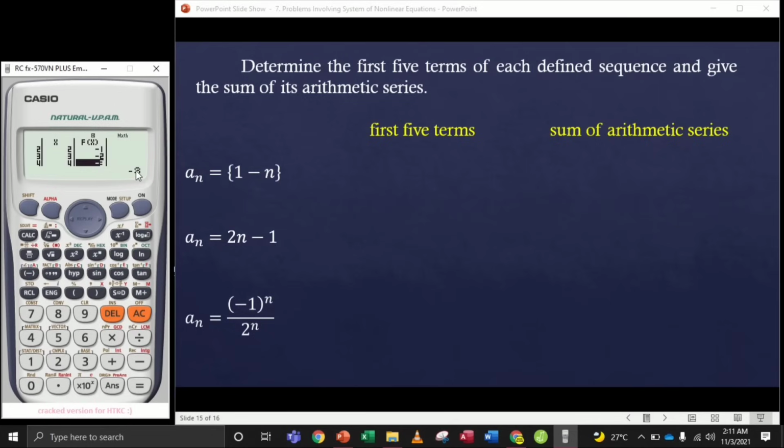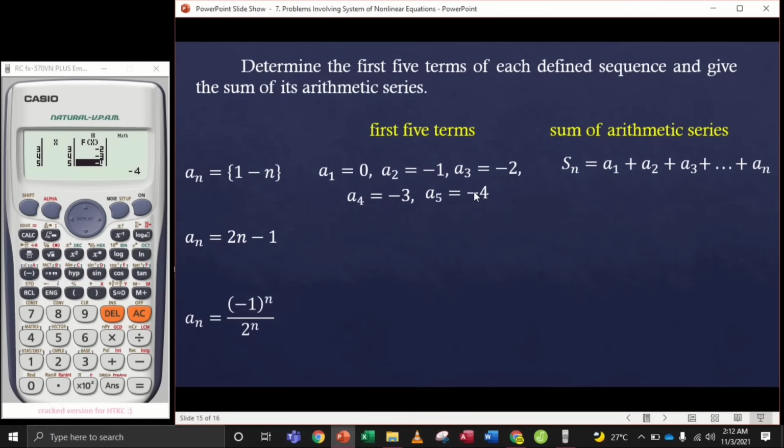Sa fourth term, negative 3. And sa fifth term, negative 4. Okay. So, kapag in-add natin yan, kasi pinapakuha yung sum ng arithmetic series, add lang natin 0 plus negative 1 plus negative 2 plus negative 3 plus negative 4. Makukuha natin yung sagot na negative 10.